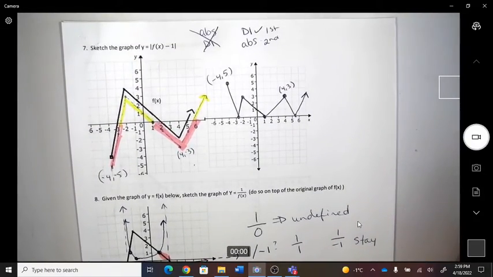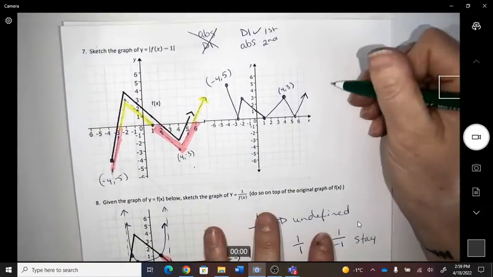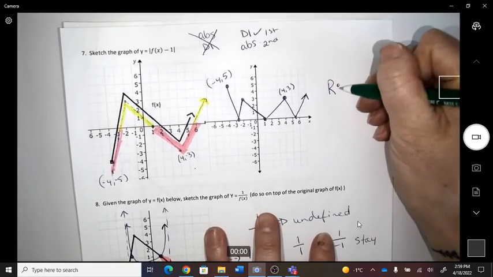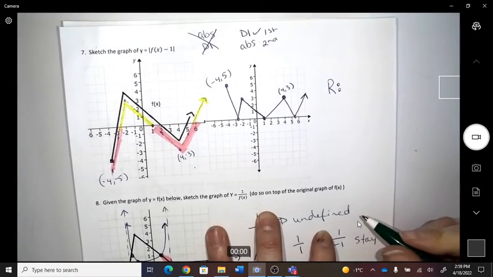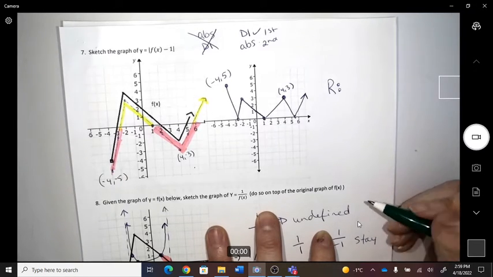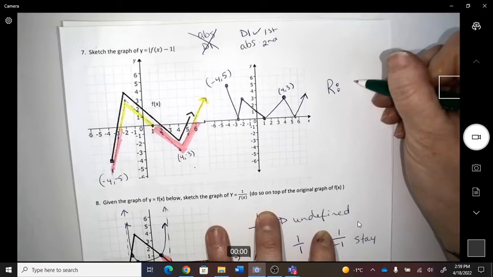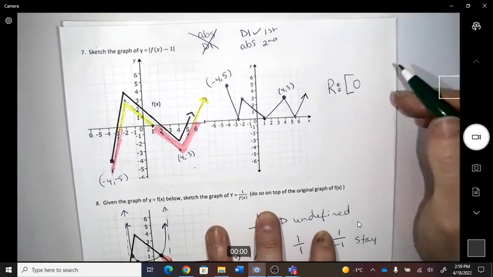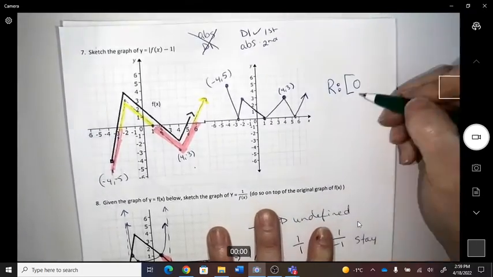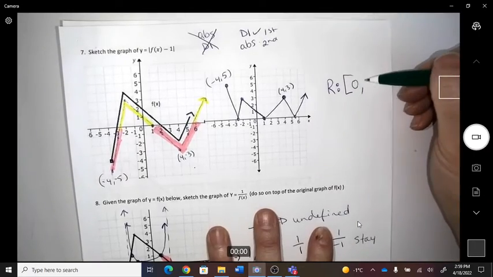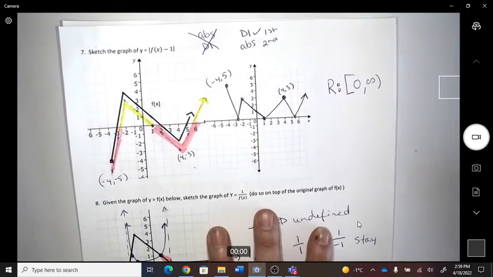What's the range of this one? What's the lowest height? 0. That's the lowest height, to the highest height of? That one, you were going up.